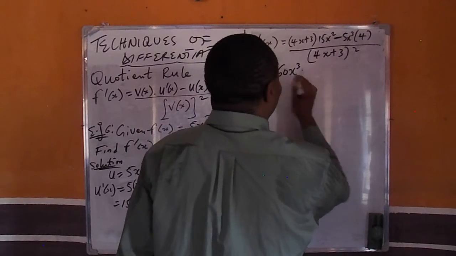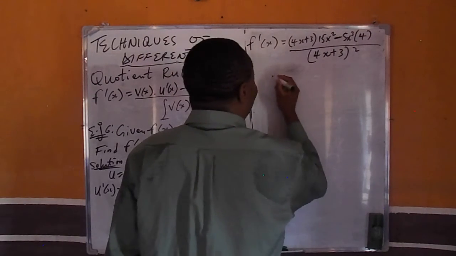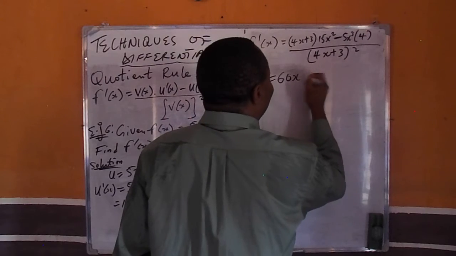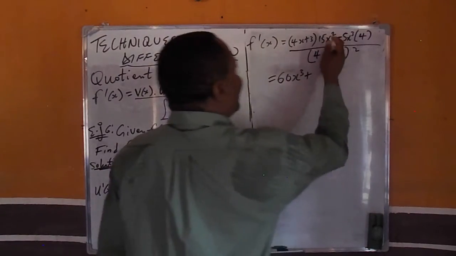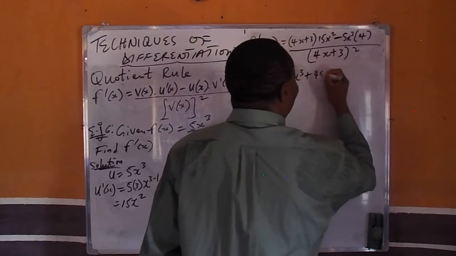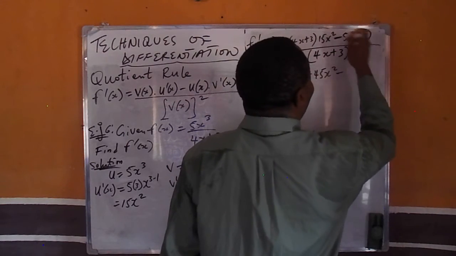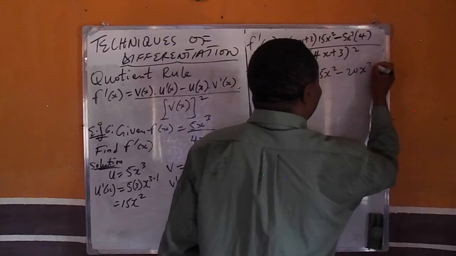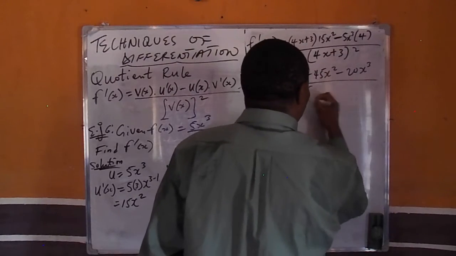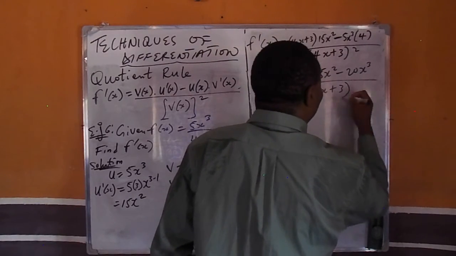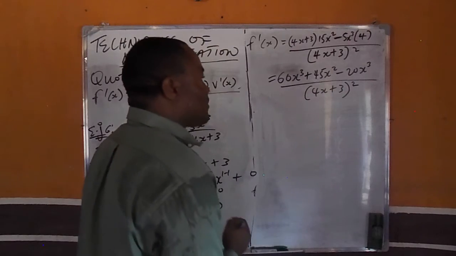Our f prime x equals to 15 times 4, 60, x raised to power 2 times x raised to power 3, which equals to 60x raised to power 3 plus 15 times 3, 45x raised to power 2, minus 4 times 5, 20x raised to power 3, divided by bracket open 4x plus 3 in bracket raised to power 2.